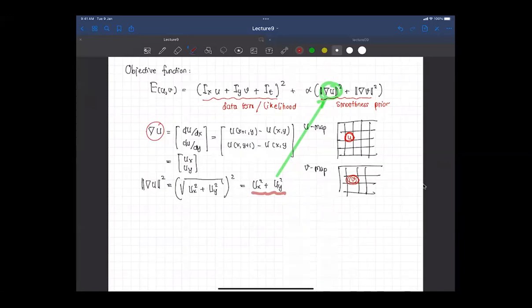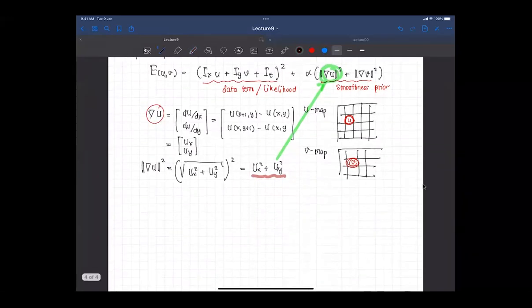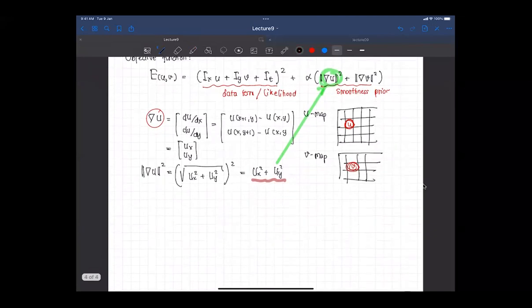So now, the good thing about Horn and Schunck is that they try to do global optimization, not just pixel by pixel optimization, but the whole image, the whole map optimization. So in this global optimization, what we want to do is not to minimize just E(u,v).